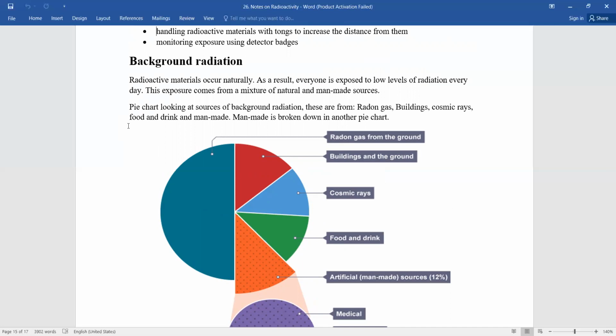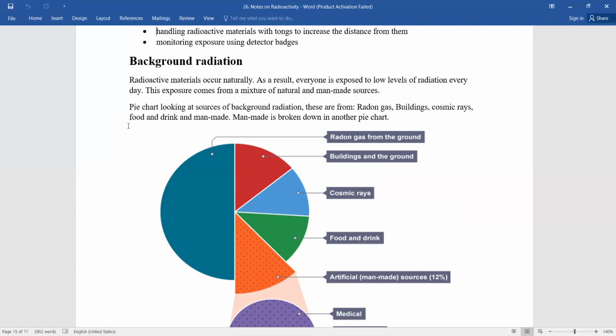Radioactive materials occur naturally, as a result everyone is exposed to low levels of radiation every day. This exposure comes from a mixture of natural and man-made sources. Pie chart looking at sources of background radiation. These are from radon gas, buildings, cosmic rays, food and drink, and man-made.